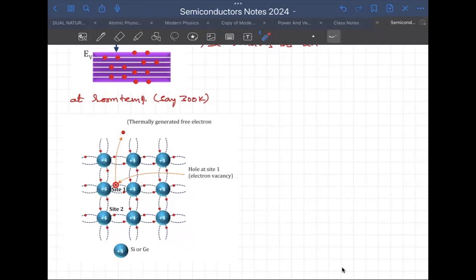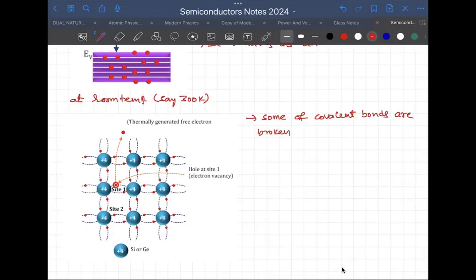Now, where will be the location of this electron? I'll write stepwise. Some of the covalent bonds are broken. Clear?